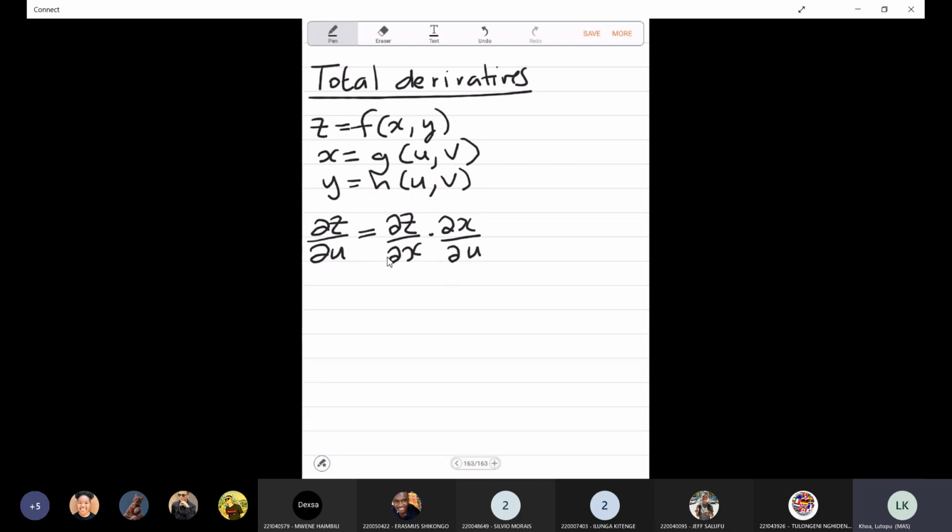So you can see it looks like these two cancel, and you're left with dz du. Then you add the partial derivative of z with respect to y times the partial derivative of y with respect to u. Again, it looks like these two cancel and you're left with dz du over there.